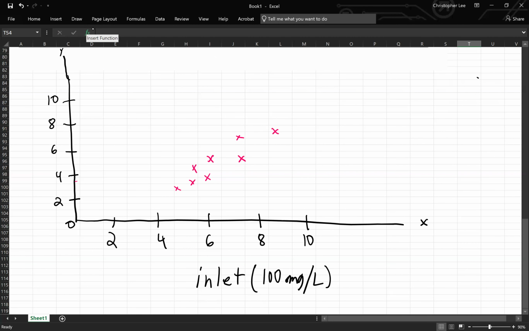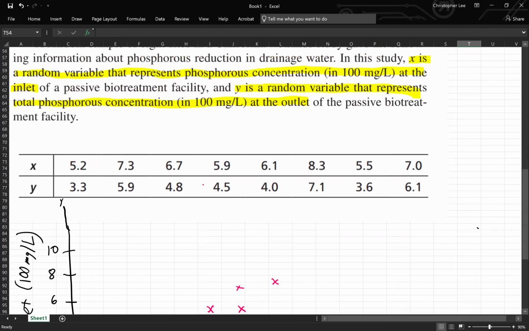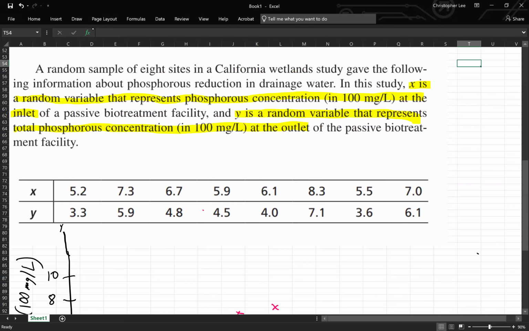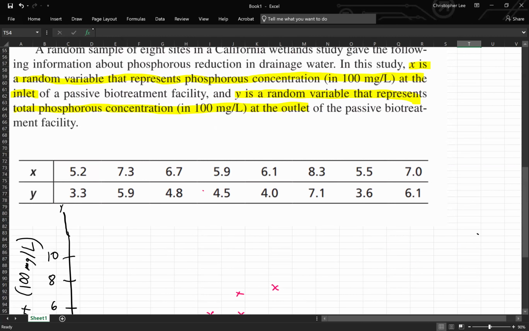And then this would be my outlet. Professor, can I see the top really quick so I can grade it? I got you. And then this is in 100 milligrams per liter. And you got that paragraph, right? Okay, so we're basically following what the paragraph and the number graph says. Exactly. This is it in a nutshell.